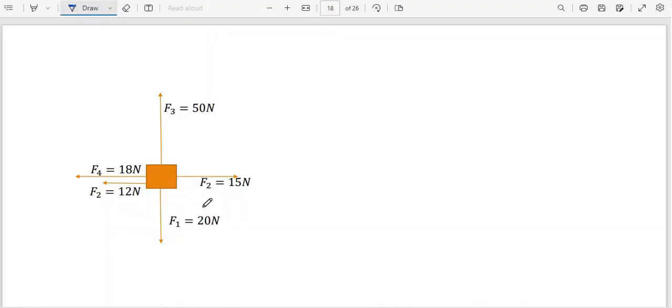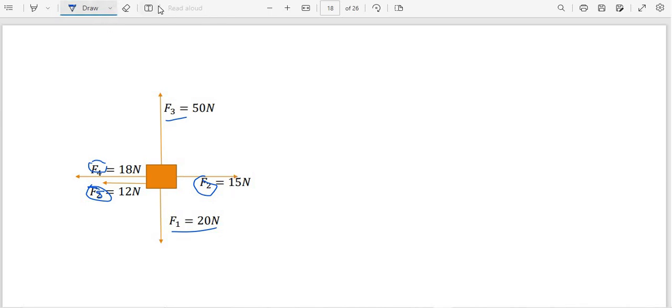From this diagram, we have F3 and F1, which are collinear vectors along the y direction. And we also have F4, F2. I think I did not label those appropriately. So this one, I am going to call it F5 to avoid confusion. So F2, F4, F5 are collinear vectors along the x direction.